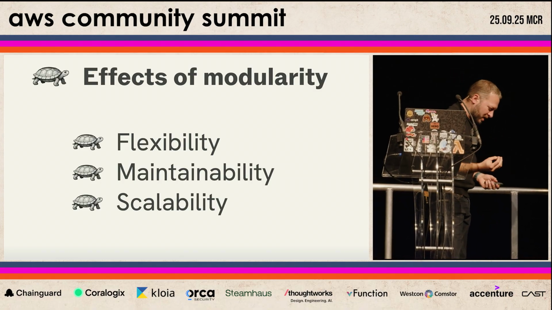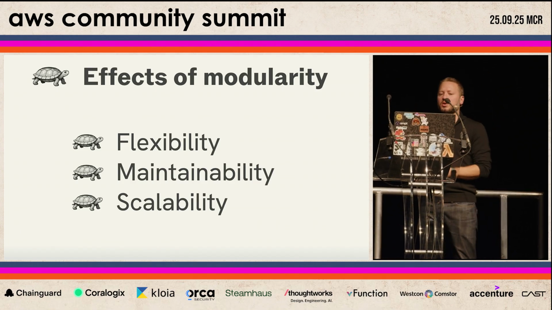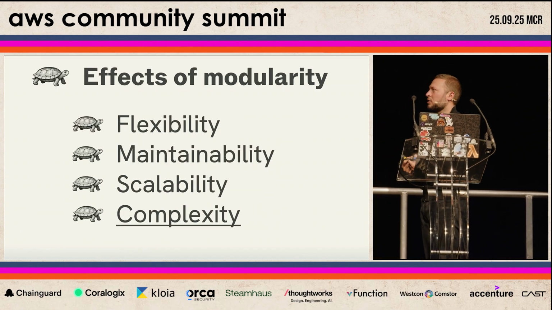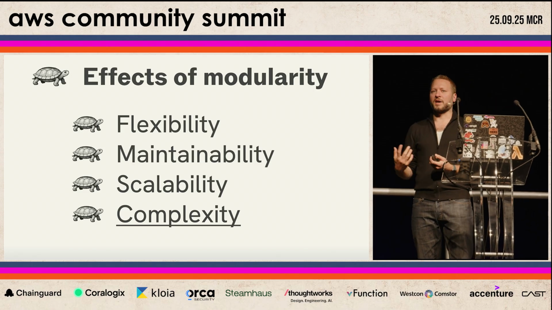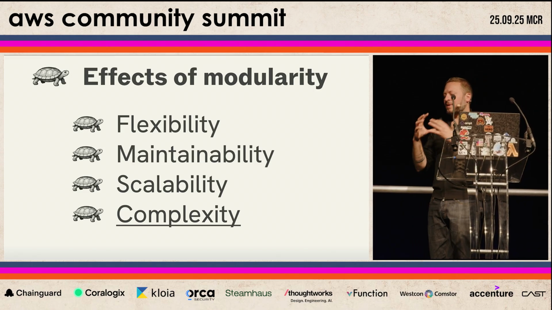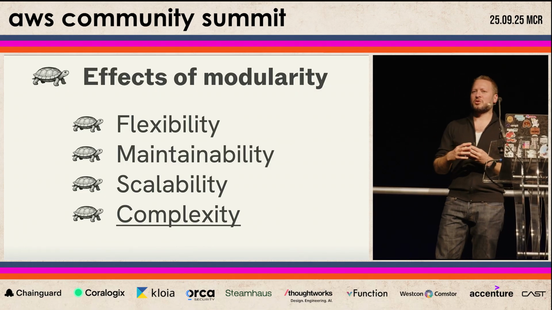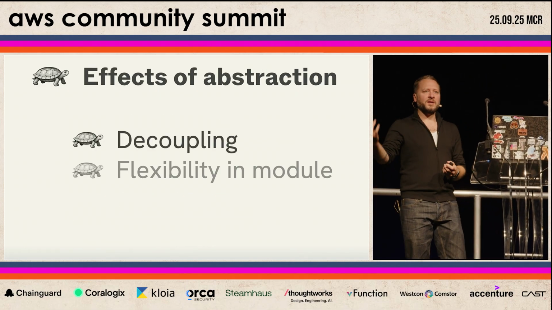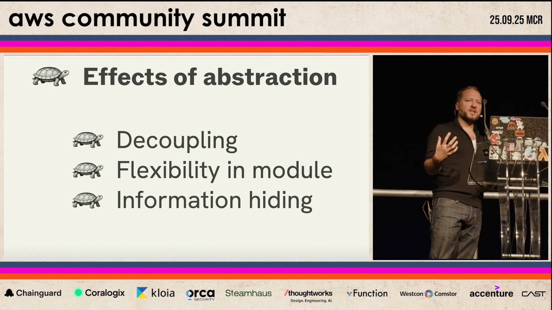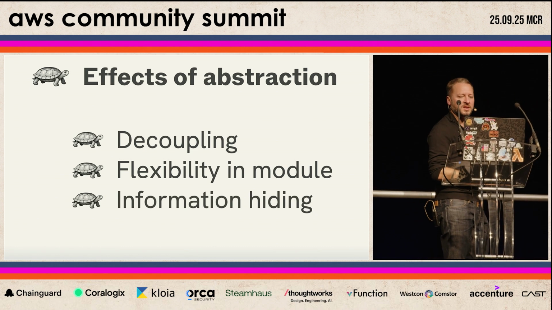But you should also realize that by adding more modules, you're also increasing the complexity and the overhead in the system. And if that overhead becomes too much and the complexity becomes too high, we can then again use the principle of abstraction to bring things together again and add this abstraction layer into our systems.